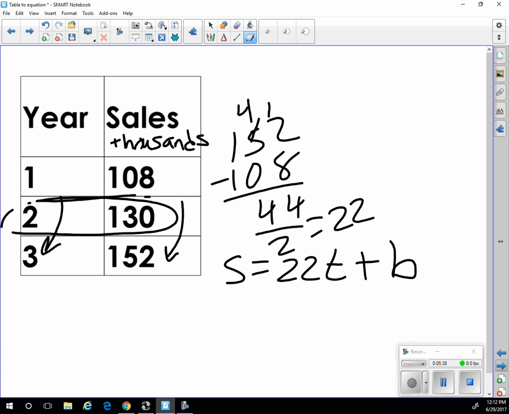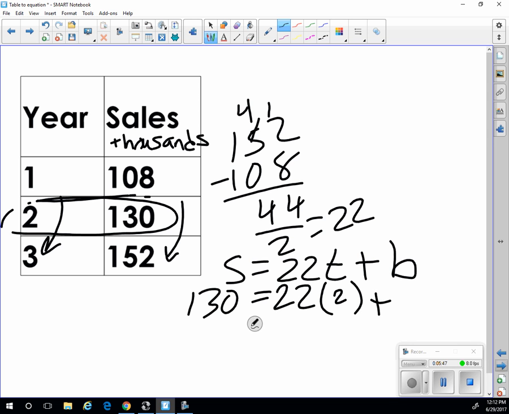And so if I put in the years is 2 and the sales is 130, then I can find out what b has to be. Because then I just subtract 44 from each side.